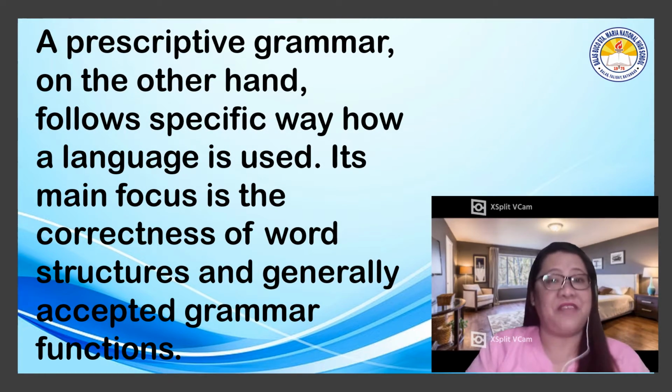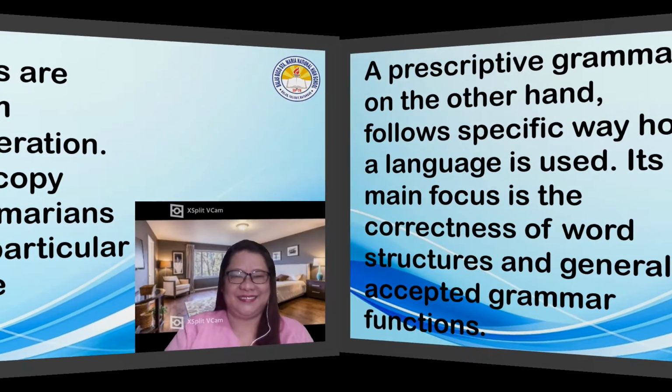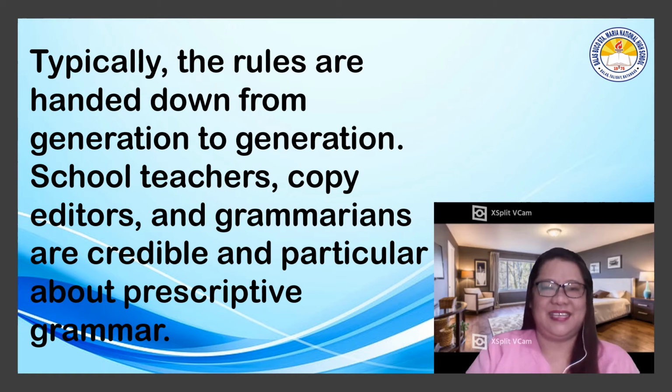A prescriptive grammar, on the other hand, follows a specific way how a language is used. Its main focus is the correctness of word structures and generally accepted grammar functions. Typically, the rules are handed down from generation to generation.